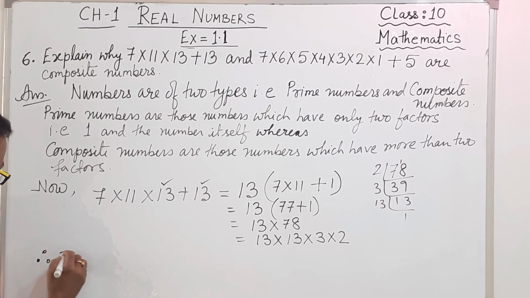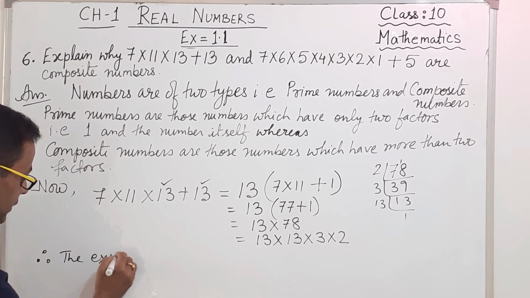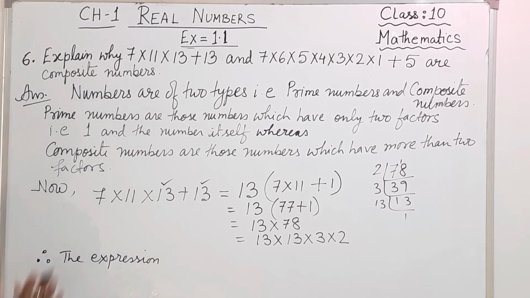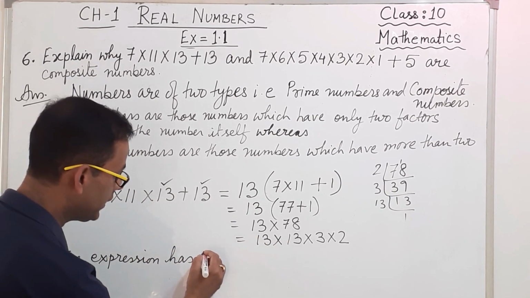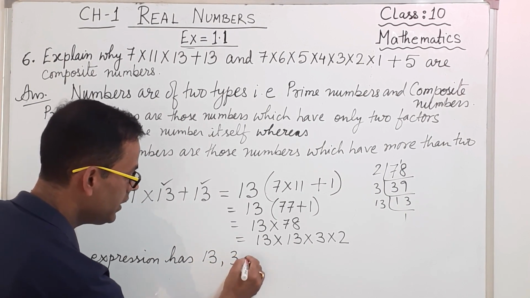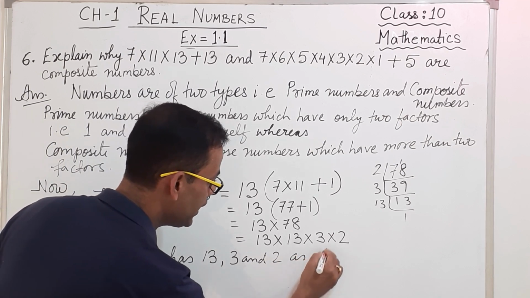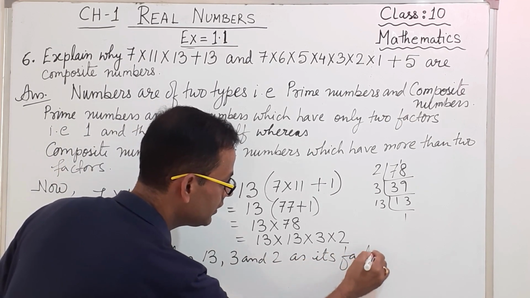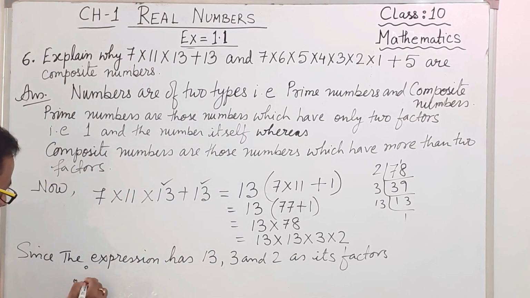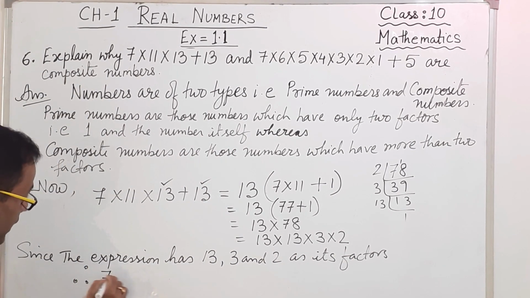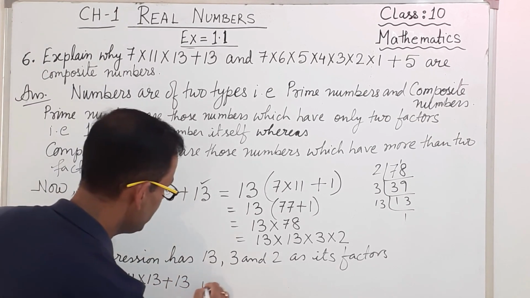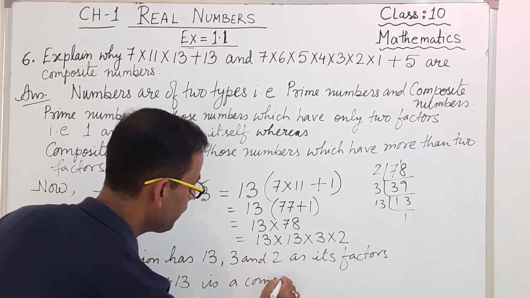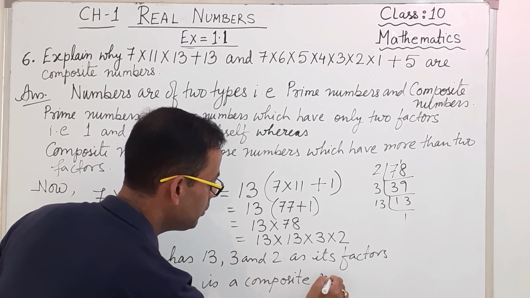Therefore, since the expression has 13, 3 and 2 as its factors, therefore 7 into 11 into 13 plus 13 is a composite number.